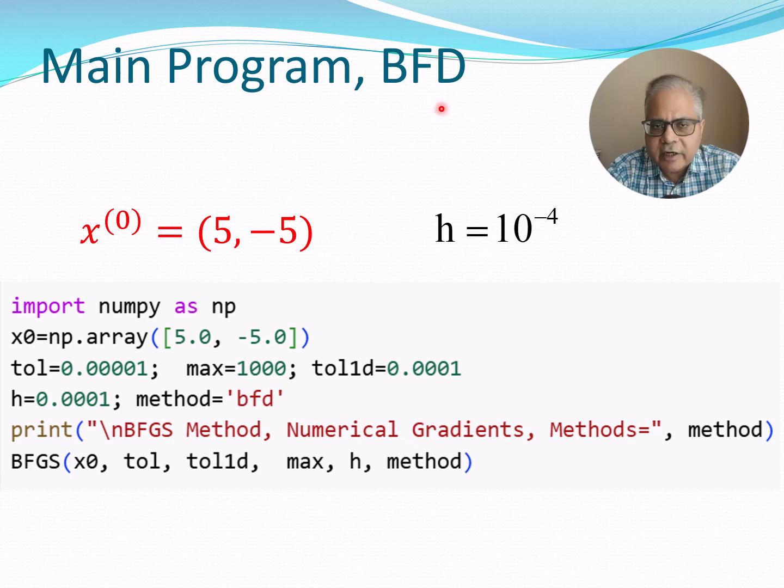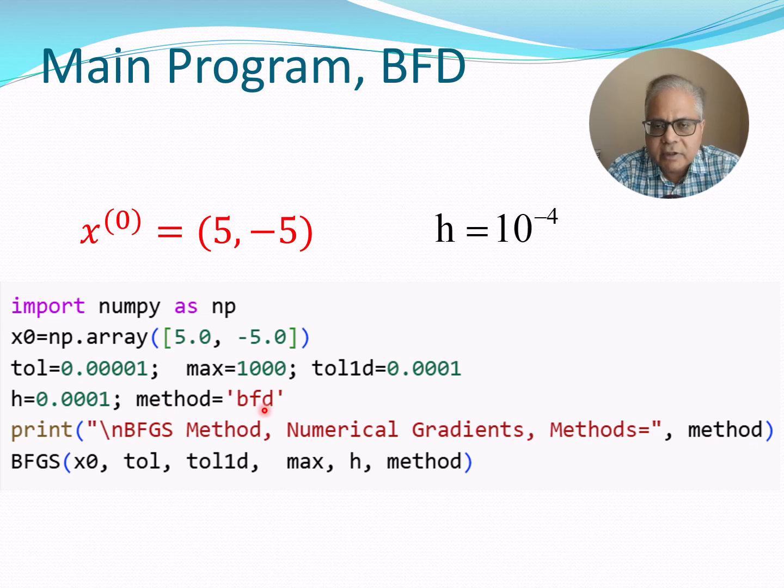So let's do that. Let's start with the backward finite difference. Here you see I have put method as BFD. I have taken the starting point at 5, minus 5, and I have put h as 0.0001, and I'm going to print out "BFGS method numerical gradients method equal to", and then print this method here.